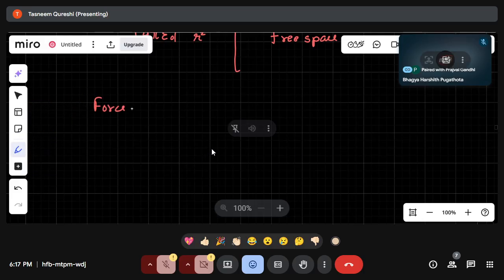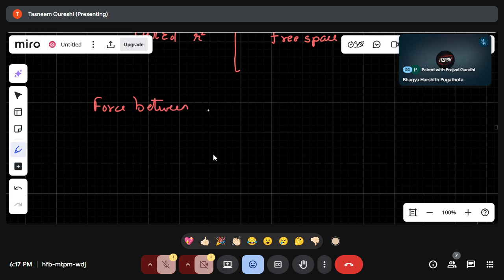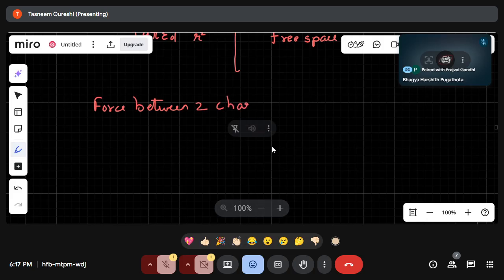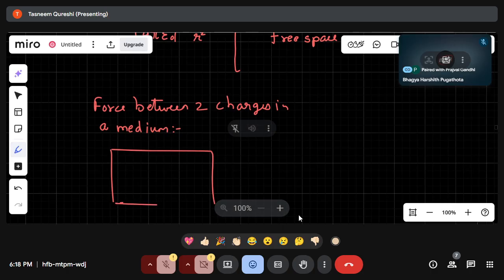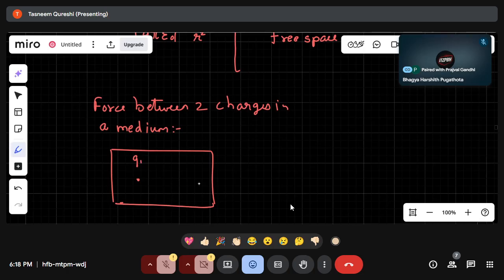Force between two charges in a medium. Now this is some region. Suppose in this region water is filled. This is your charge Q1. I'm writing the name a little bit above, and this is your charge Q2.